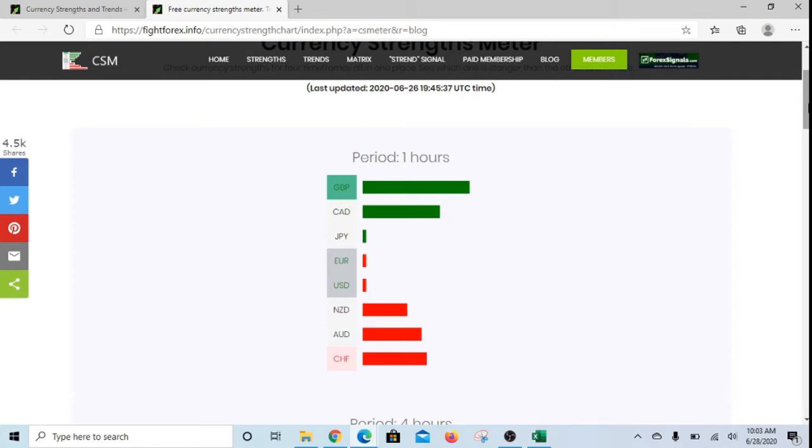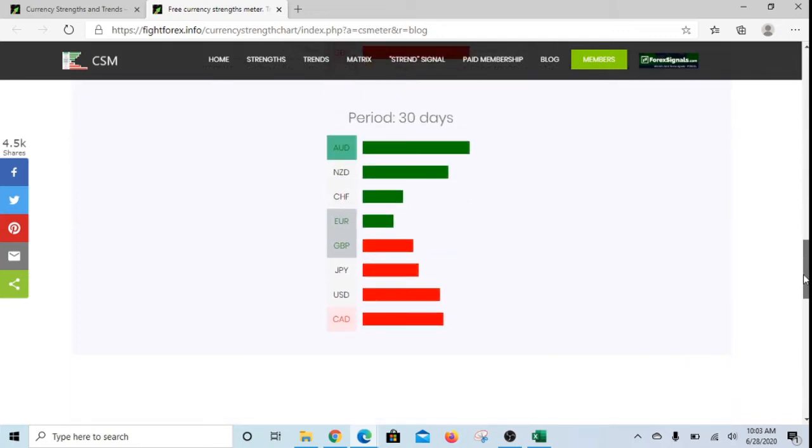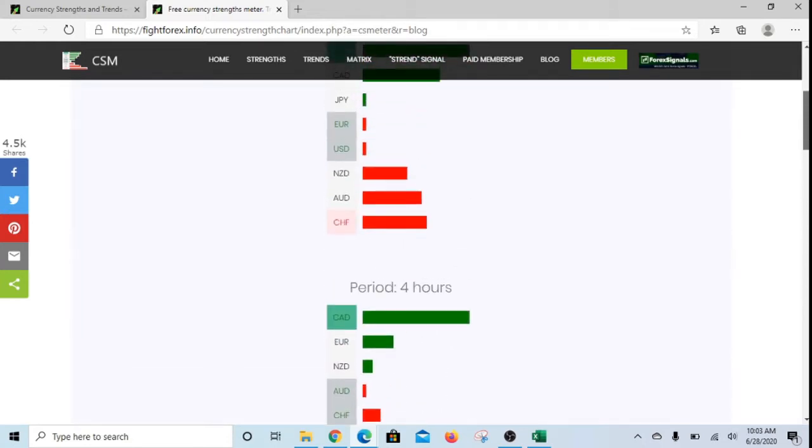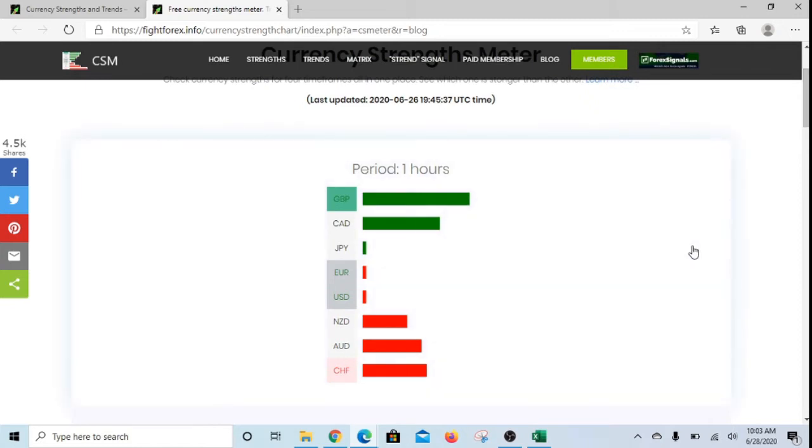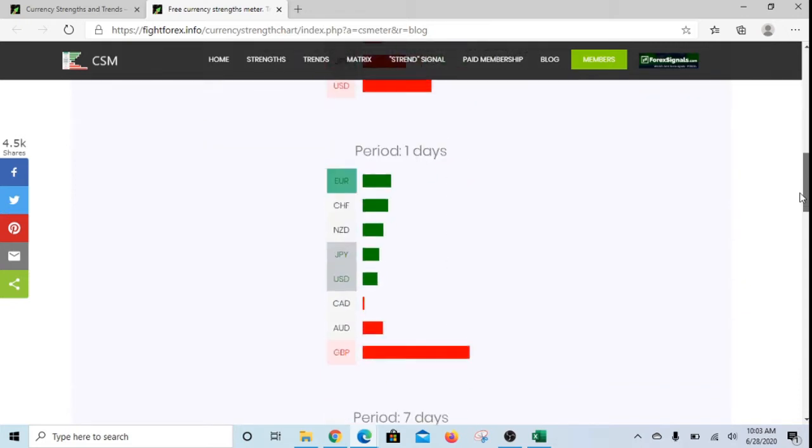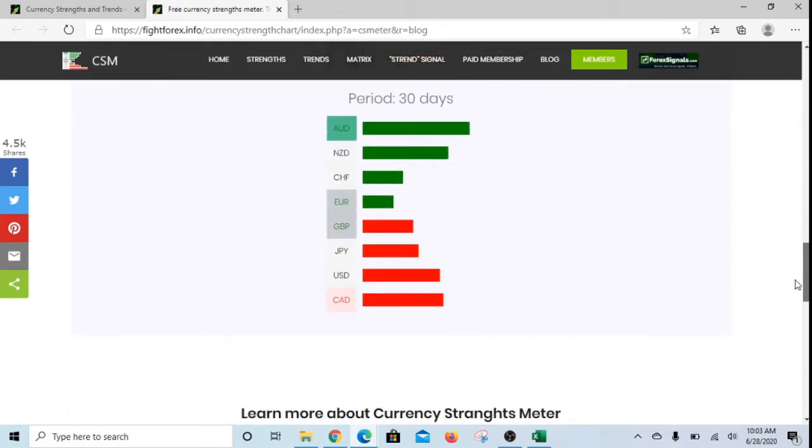On this page, you'll see 5 different time frames. We recently introduced the one for 30 days as well, which was missing till now. As of June 28, 2020, we have 5 time frames: 1 hour, 4 hours, 1 day, 7 days, and 30 days.